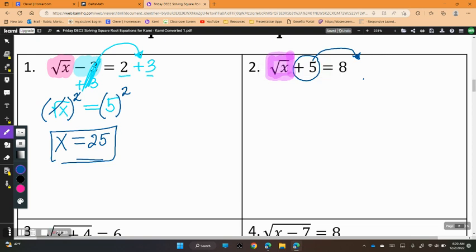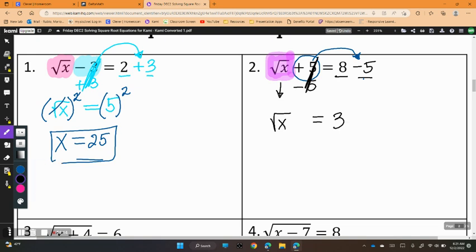How do I get rid of this? Subtract 5 from both sides so that these two 5s cancel out. Bring down my square root of x, bring down my equal sign. 8 minus 5 is 3.